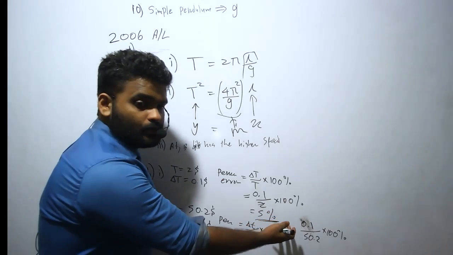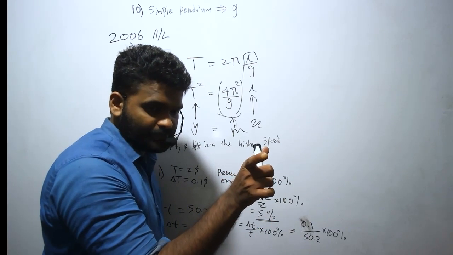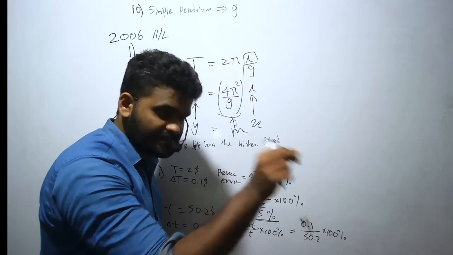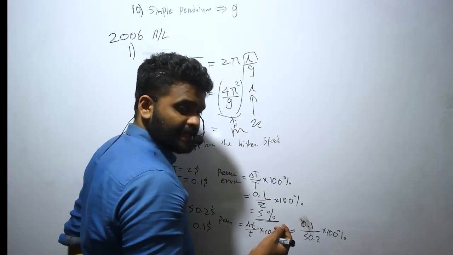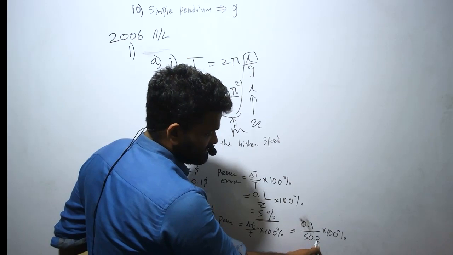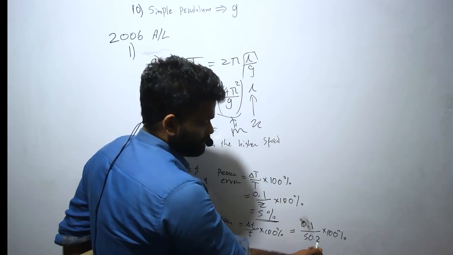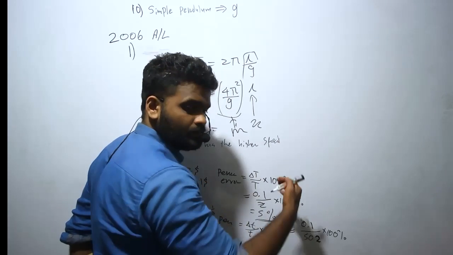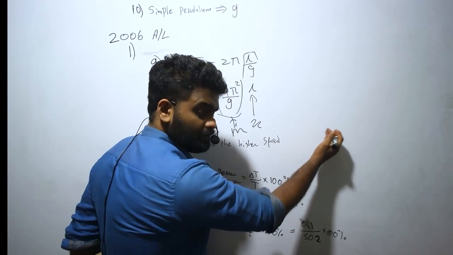Here you don't have to use logarithm, right? Do you see that within brackets they say accuracy is required only to the first decimal? So you can consider this to be 50, because 50.2 will give a different value for the second decimal.